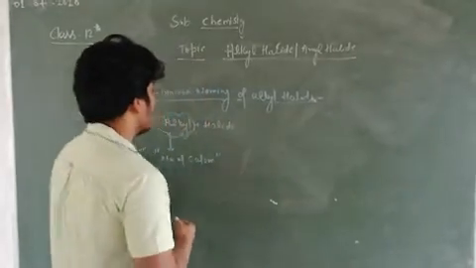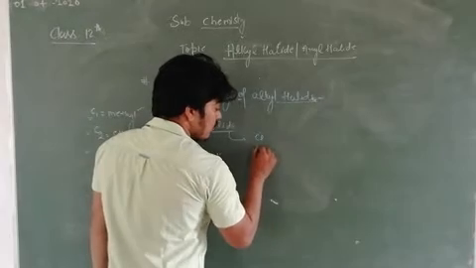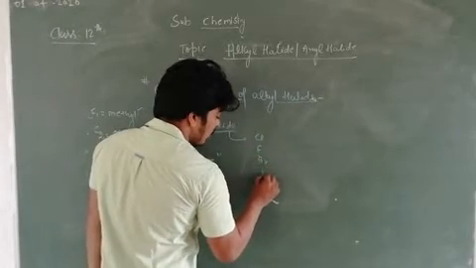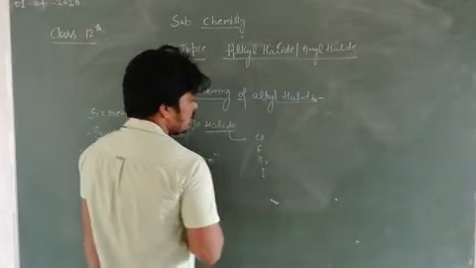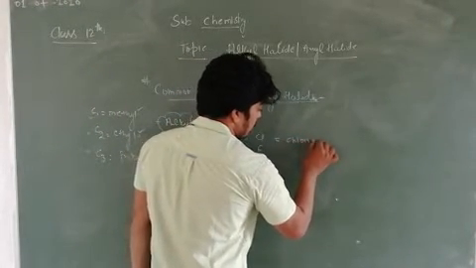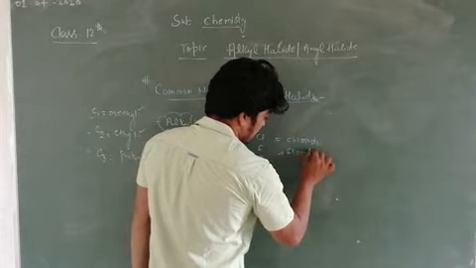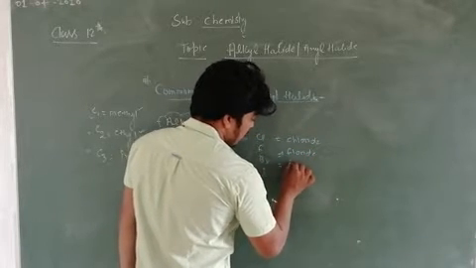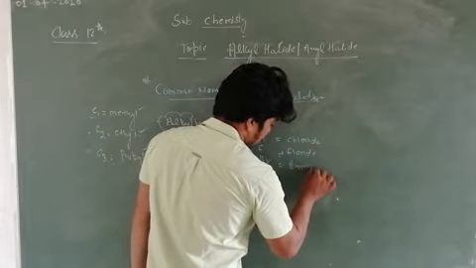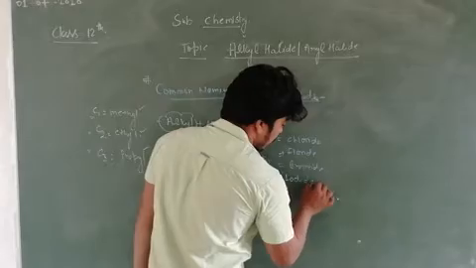The halide denotes chlorine, fluorine, bromine, iodine, any type of halogen. So the names will be chloride, fluoride, bromide, as well as iodide.